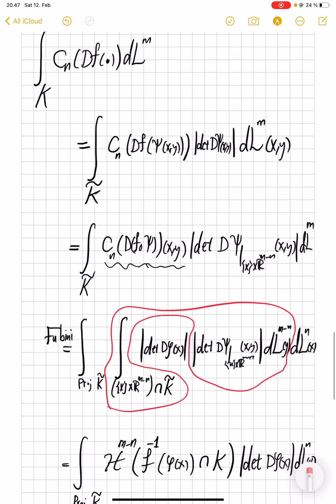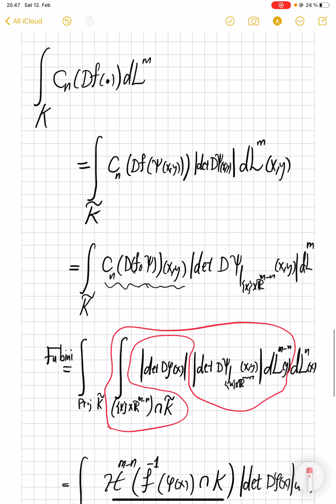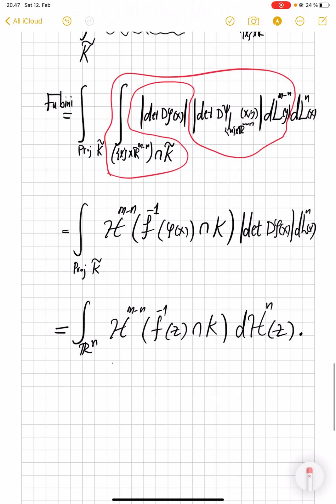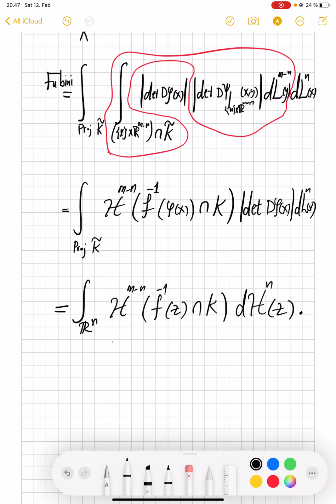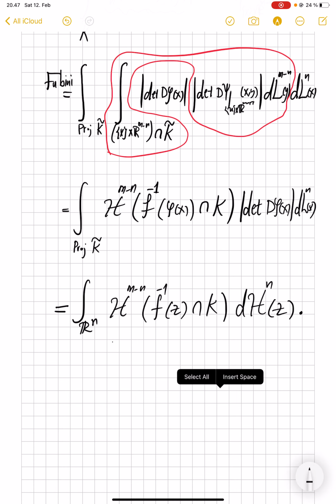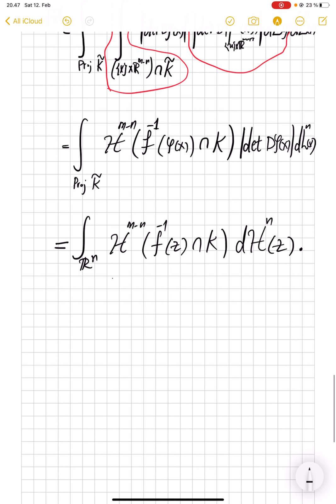And this is the Coarea formula for the subset K. As we mentioned, a countable union of K's exhausts all of the regular part of our domain, where rank is equal to n. And then we had Sard's theorem to take care of the non-regular or critical part of our domain. And by additivity of the formula, we have concluded the proof of the Coarea formula.